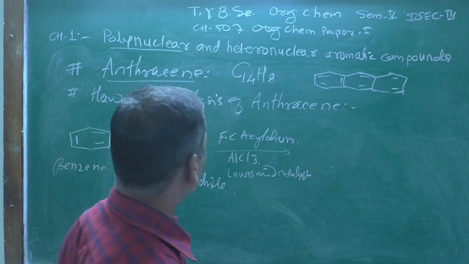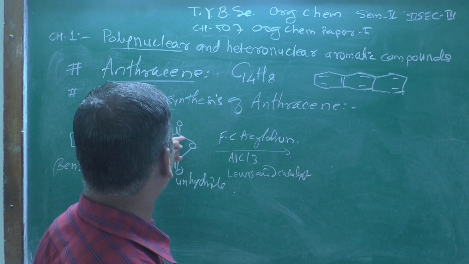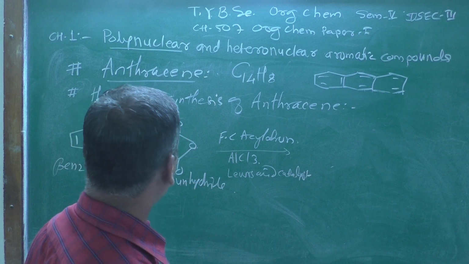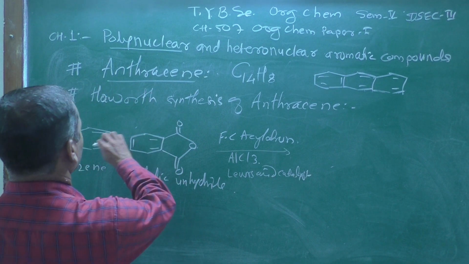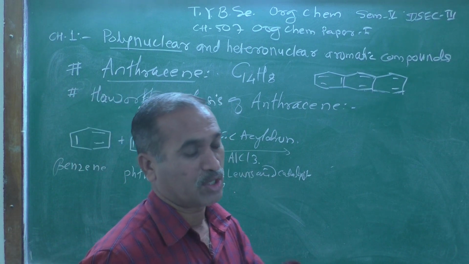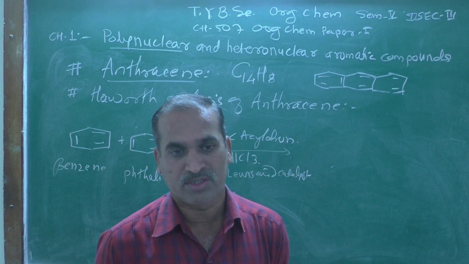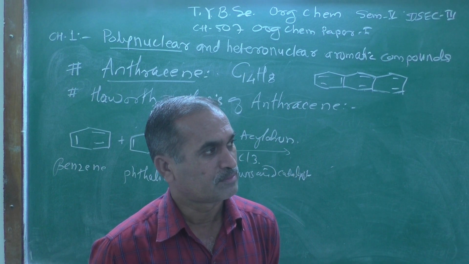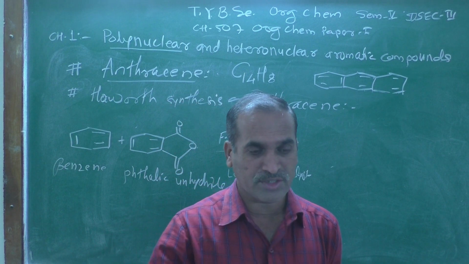Now, what do you get? This benzene ring is going to attack over there, and that gets opened like this. As we know, the mechanism in organic chemistry is the detailed study of the sequence of steps involved in the conversion of reactant into product.